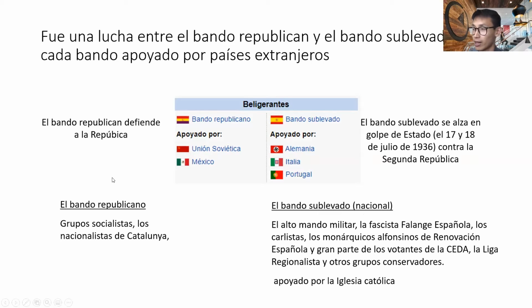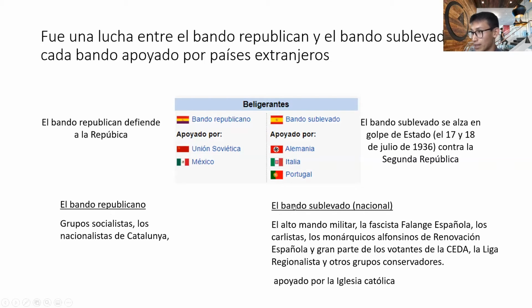If we look at the lower side of the slide, for the Republican band you have the Second Republic, the government, and a lot of more socialist groups, more left-wing groups, and also the nationalists of Catalonia. On the other side, you have the bando sublevado, also known as the bando nacional.